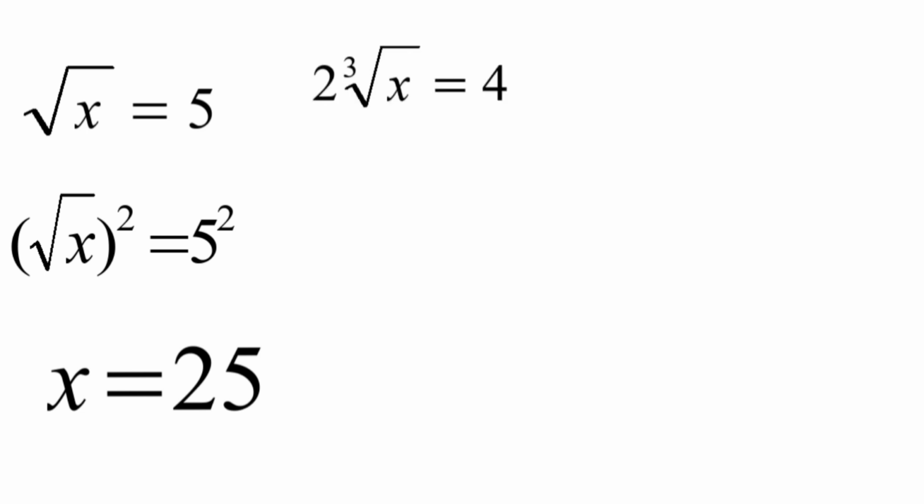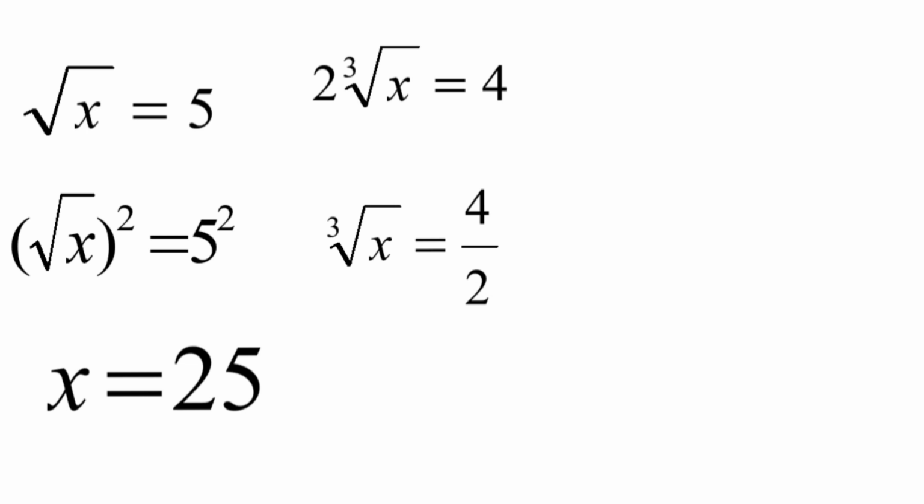Another example is 2 times the cube root of x equals 4. Here we have 2 as the coefficient of the cube root of x. To simplify this one, we are going to divide the right side of the equation by 2, or transpose 2 to the right side of the equation. We have 4 over 2.